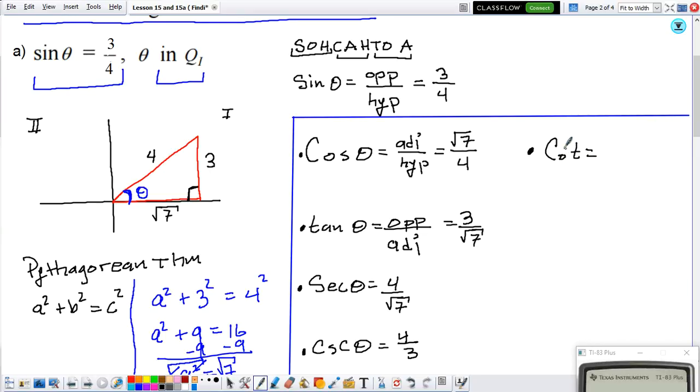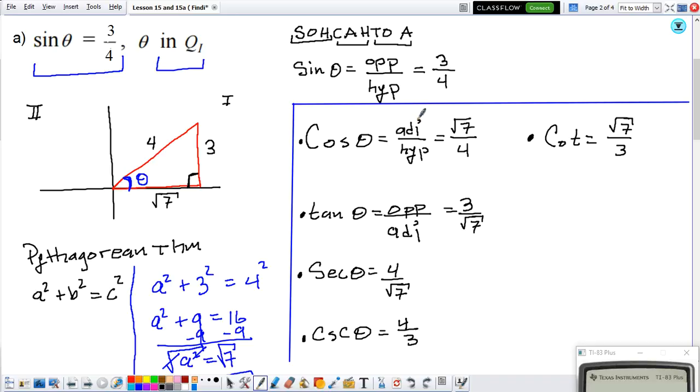But we know that cotangent is the inverse of tangent. So if tangent is 3 over the square root of 7, that means that cotangent is the square root of 7 over 3. So we're done. We have found out the 5 trigonometric functions just knowing sine.